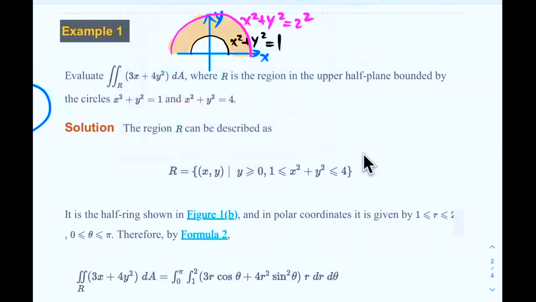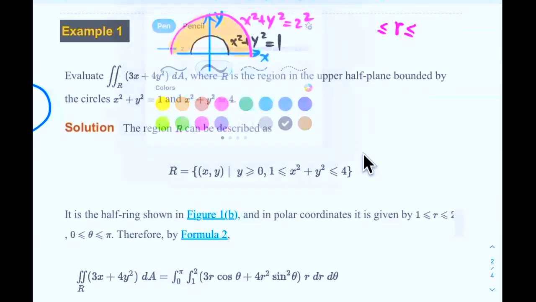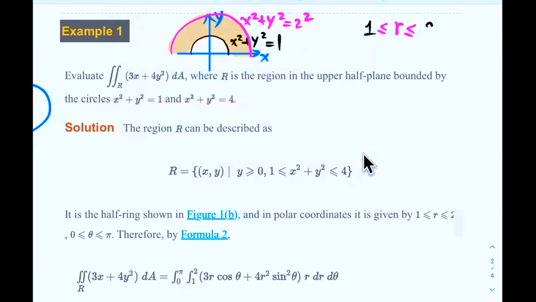So r is going to be between what and what? What's the smallest r? 1 and 2, right? r between 1 and 2. See the r here, this is 1 and this is 2. So r changes from 1 to 2. And let's think about theta. Theta is the center angle.